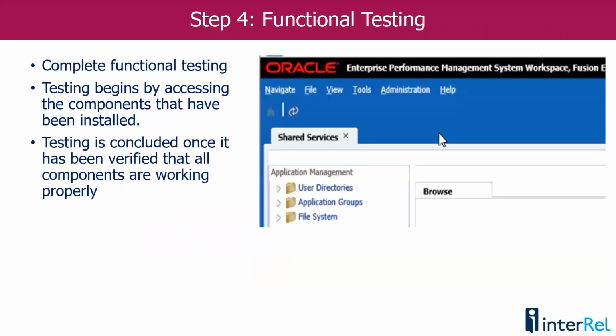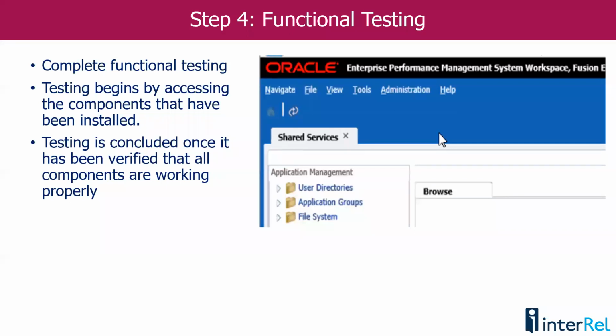And then once we get through the configuration for all of the components, we then go into our testing phase. So this is where we actually start all of our services, and then we select the browser that we want to use, and we access the components that we've installed and configured.